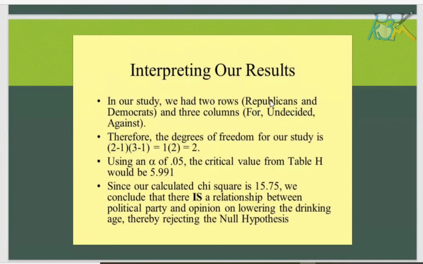If we use alpha of 0.05, our critical value from the table is 5.991. Verify by looking at the chi-square distribution table. You use the alpha and the degrees of freedom to get 5.991.